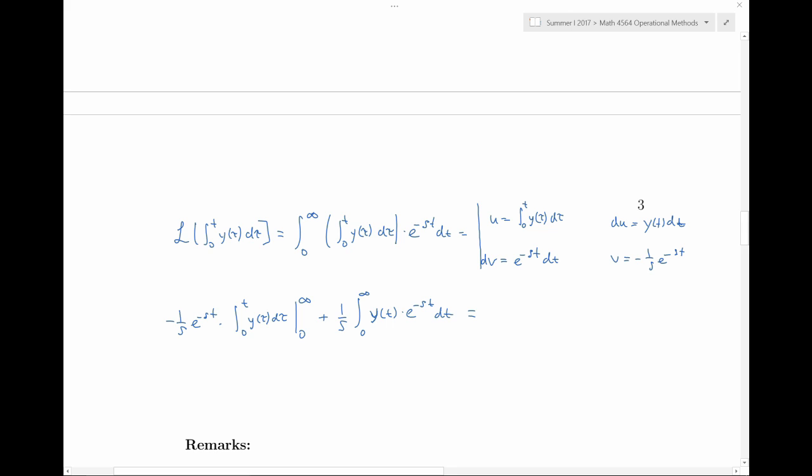And so if we try to apply L'Hopital's rule, we're going to get a limit of e to the minus st times y of t yet again. And as we said before, since e to the minus st times y of t has to converge to 0, that limit has to be 0 as well. So I'm going to skip the details. I'm just going to say that this evaluates to 0 at both 0 and infinity, and therefore this is just going to be 1 over s times capital Y of s.